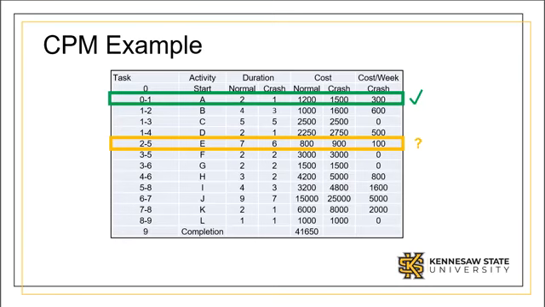This will increase the cost of the project by $300 and make the total after crashing to 20 weeks $41,950. Crashing activity A by 1 week requires us to recalculate the critical path. We see that making this change does lower the critical path to 20 weeks, but does not change the critical path.